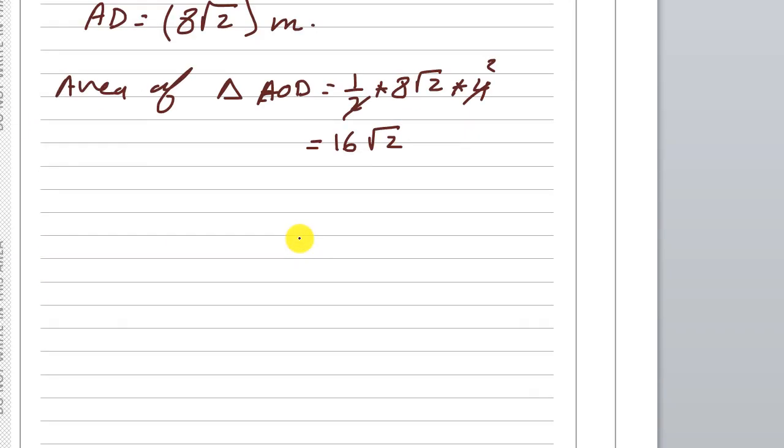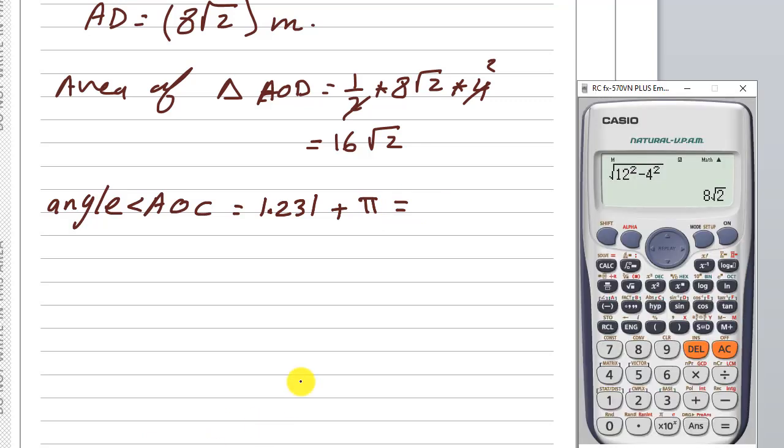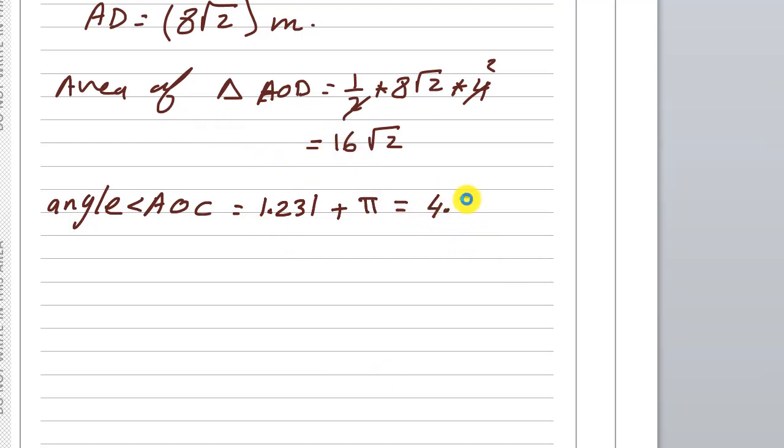So the angle of the sector, angle AOC, is equal to 1.231 plus pi, which is 4.373.